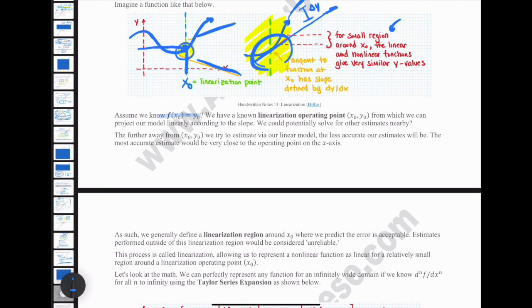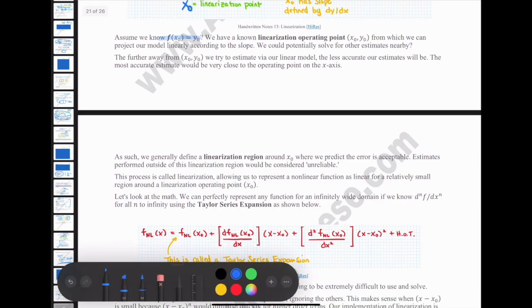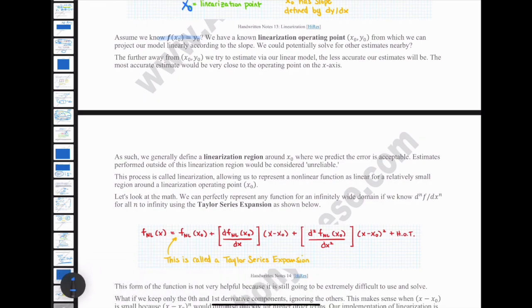We need to know x0 as well as y0. We call this our linearization operating point, from which we can project our model linearly according to the slope. We could potentially solve for other estimates nearby. So we know the pair x0, y0, what those values are.